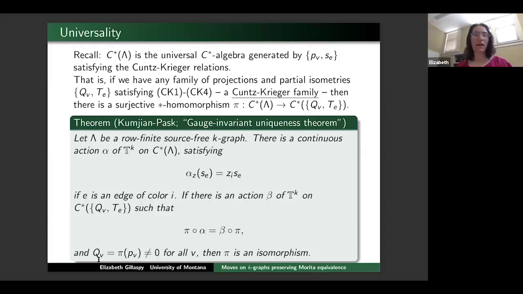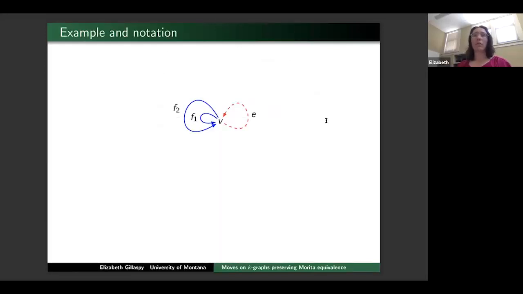By which I mean, as long as all of the vertex projections are mapped to something that's not zero. If you've got a gauge action on the target that intertwines with the classical gauge action, then your map pi here is an isomorphism. As I said, that'll come up in our proofs of the theorems that these three moves preserve the Morita equivalence class of our K-graph C-star algebras. But first, let's just look at an example quickly.